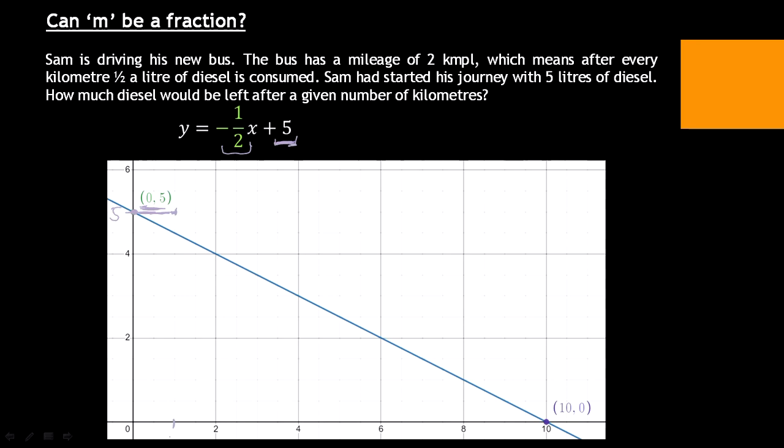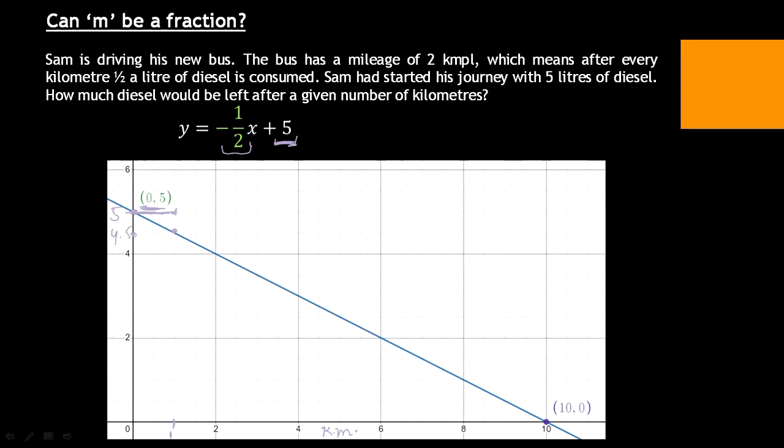And just to remind us, on the x-axis we have the number of kilometers. I'm just writing km for kilometers. So after the bus has traveled a kilometer, the diesel goes from 5 liters to this point. This point is between 4 and 5, so it is 4.5.